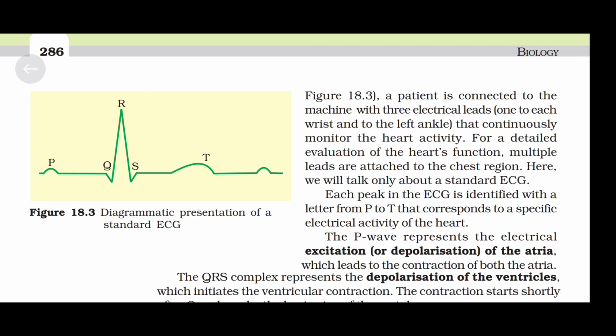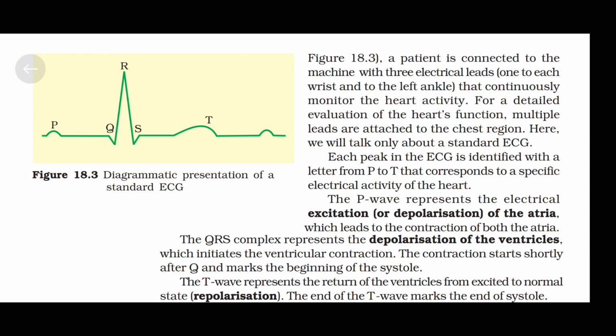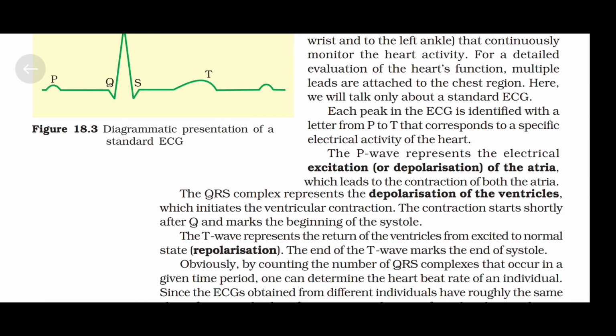Here, we will talk only about a standard ECG. Each peak in the ECG is identified with a letter from P to T that corresponds to a specific electrical activity of the heart. The P wave represents the electrical excitation or depolarization of the atria, which leads to the contraction of both the atria.